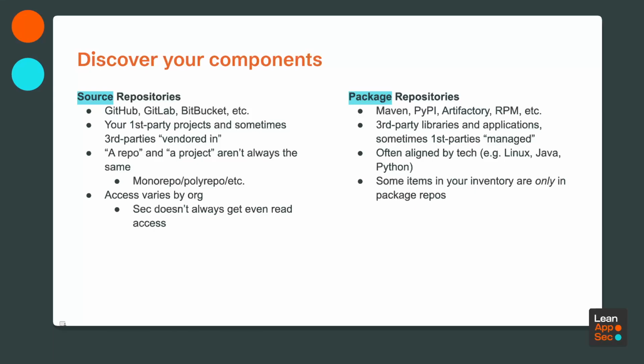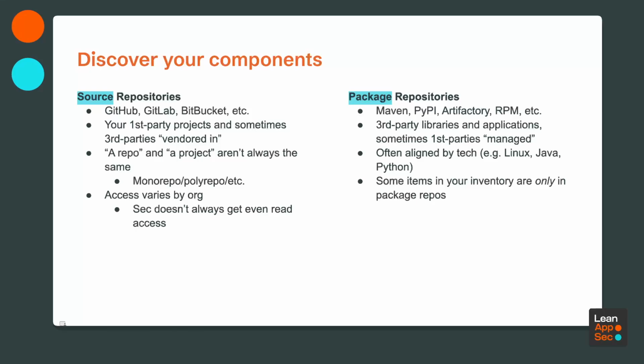And of course, access to these things does vary by organization. Sometimes you, as a product security or application security practitioner, do get read access. In a lot of modern software-first organizations, everyone gets read access. It doesn't always happen. In a lot of larger, more enterprise, more well-established organizations, you'll have a little more resistance to security teams getting access to these repositories, especially across business units.